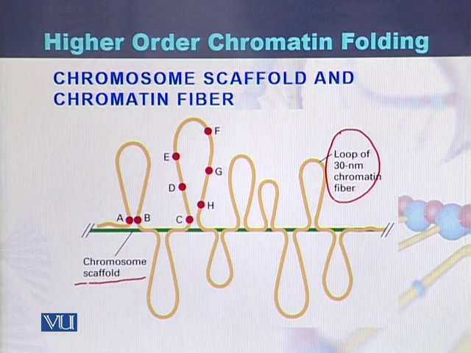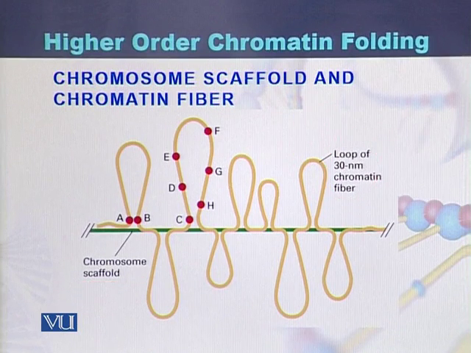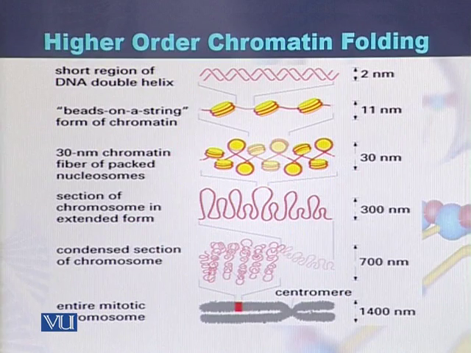They join with each other, and there are the loops of this chromatin fiber. These are called loops, and these loops are called chromosome scaffolds. So this is the second level of the packaging.